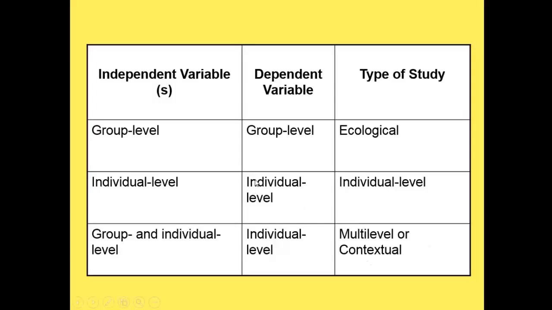If it's only on the group level, then you're talking about ecological, on one particular group level, the state level. If it's only on the individual level, you're making individual level conclusions. But if you've got group and individual level, then you're talking about a multi-level, and in sociological terms, that's called contextual. That's another term for multi-level.